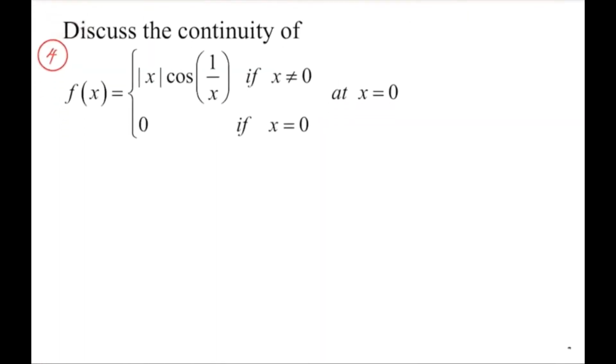Next, fourth problem. So we need to discuss the continuity of this function at x equal to 0. So first we shall find the limit of the function as x tends to 0. If that is same as f of 0, that is 0 in this case, then the function is continuous at x equal to 0.